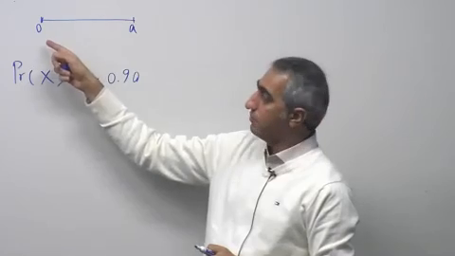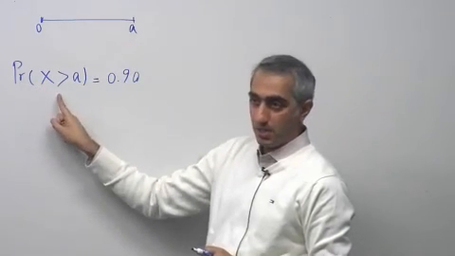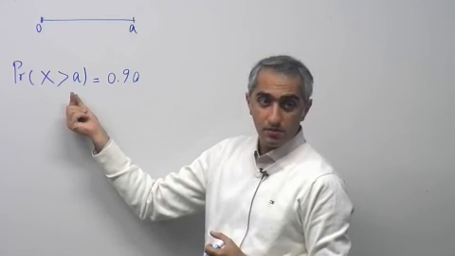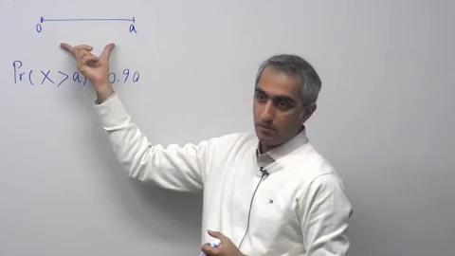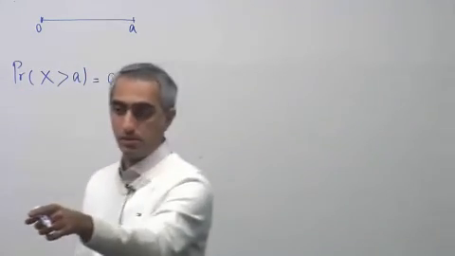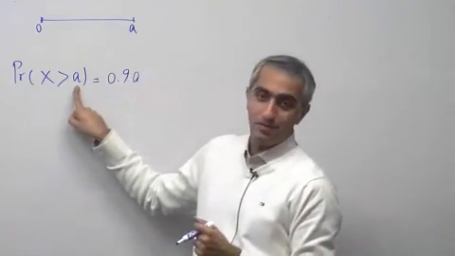So the probability of no logon means what? The first logon occurs after a. Does it make sense? It means there is no logon in that interval. So this probability should be what? 0.9, the problem says. Then it asks, what is a?